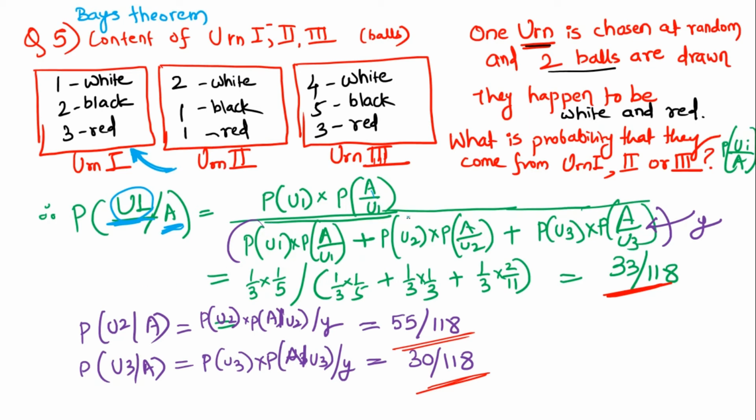In the same way, perform this formula for all of these urns and sum them up: probability of urn 1 into probability of A given U1, plus probability of urn 2 into probability of A given U2, plus the same for the third urn.